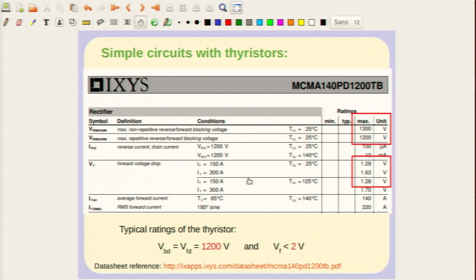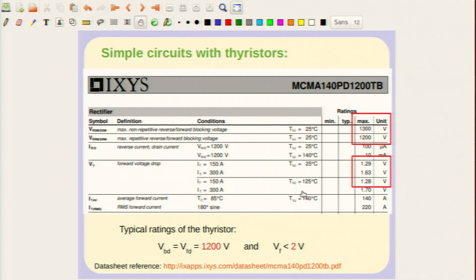This is one kind of a data sheet. For all these devices, these are commercially available. You can go to various manufacturers and see that the basic performance features and characteristics of these thyristors are given in quite a bit of detail. They will give you, with respect to the currents and the temperatures, the forward drops, and also the forward or reverse blocking voltages.